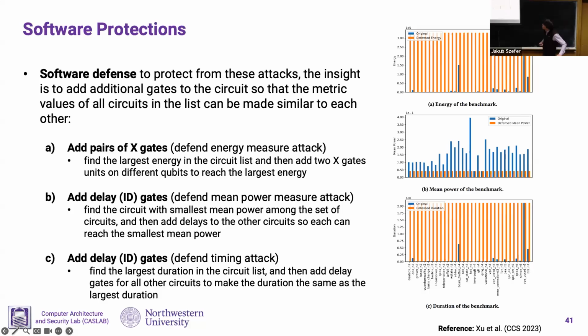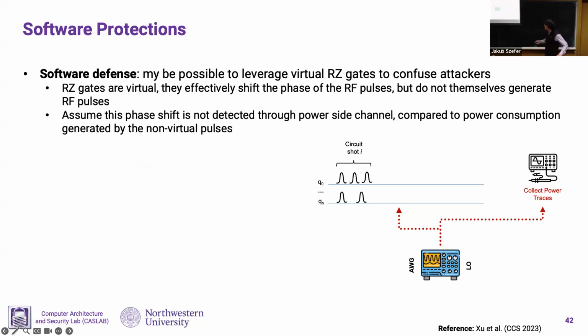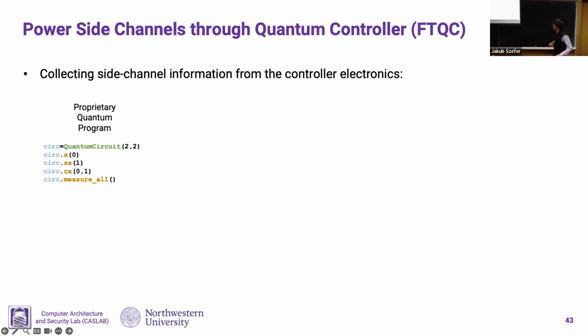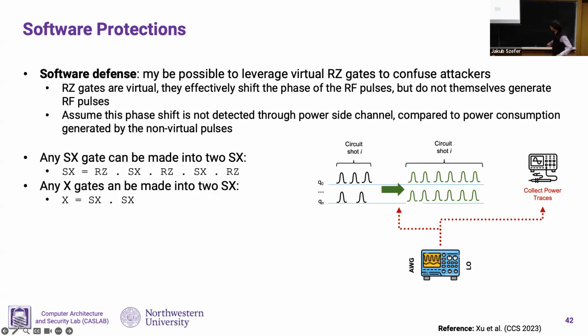And these could be done at the software level by replacing some gates, or maybe even at the hardware level. I don't think I'm showing it here, but since the attack is on the quantum computer controller, maybe the controller itself could consume power or generate other emanations just to hide the signature.